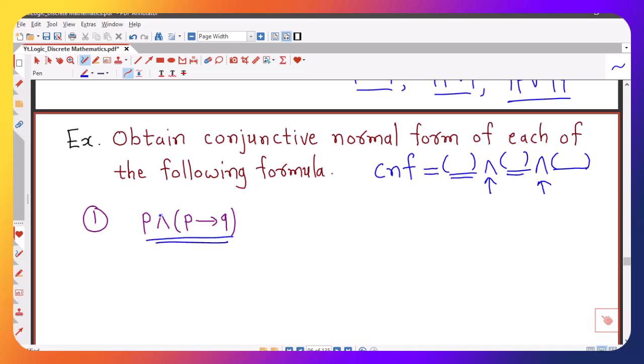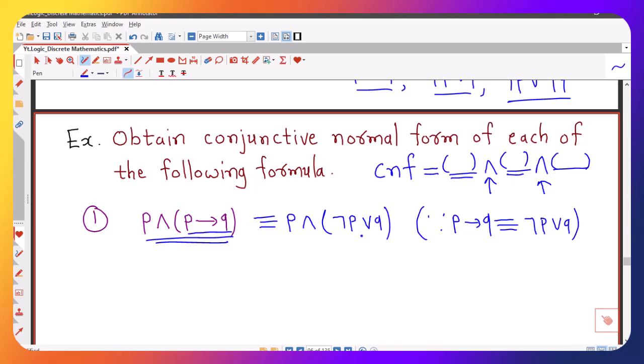Here we have P and, in the bracket, P implies Q, but we do not allow implications, so we replace P implies Q by its logically equivalent form, negation P or Q, as discussed in earlier lectures.